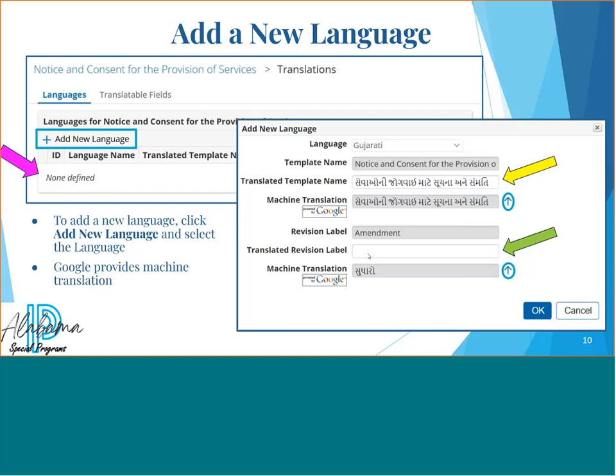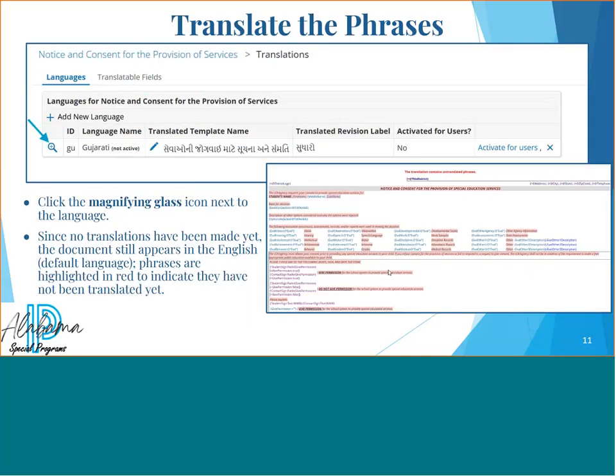Now, I only speak one language, and that is Southern Twangy English. But if I did know Gujarati, I could type it in there. So down here, the same thing with a machine translation. You can press this up arrow, and it'll go here. And then once you get it there, you can press OK.